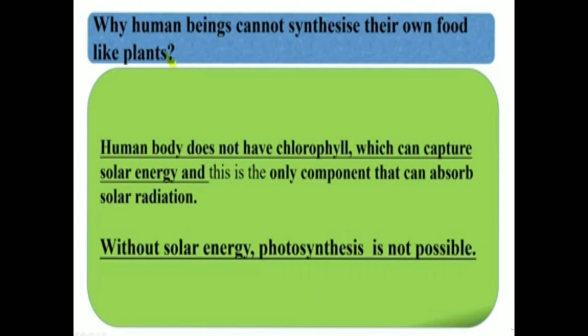Now you can say that without solar energy photosynthesis is not possible, or you can also say that the sun is the ultimate source of energy, because without sunlight photosynthesis cannot happen, plants cannot prepare their food, and we depend upon plants for our food.